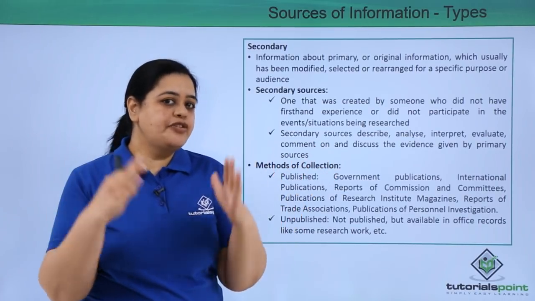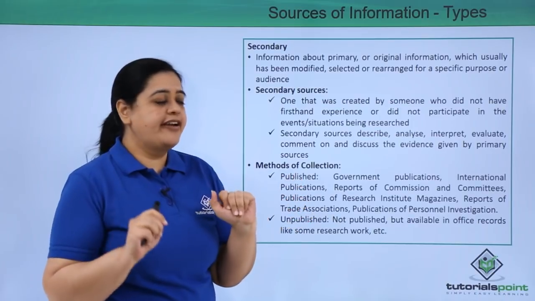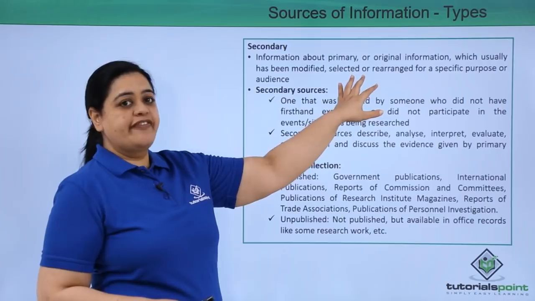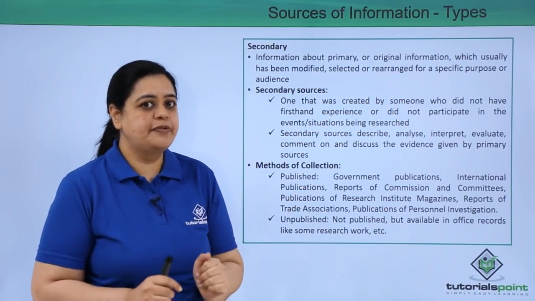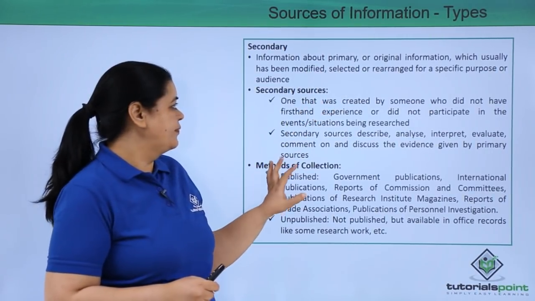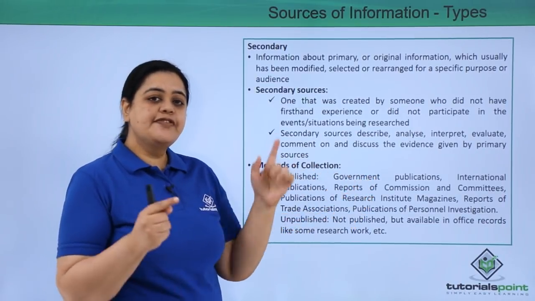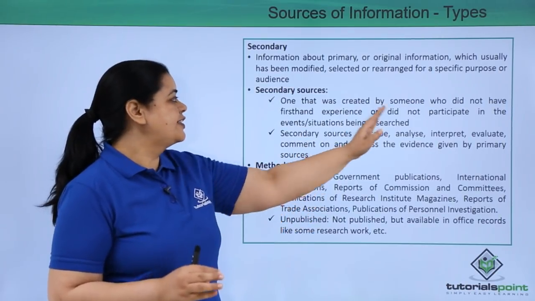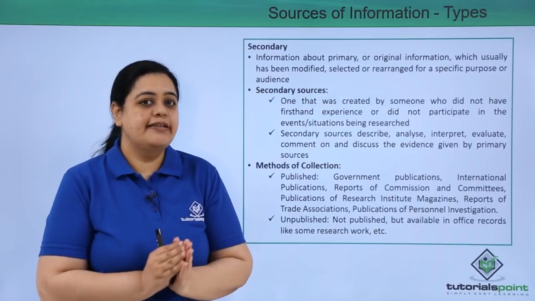They collect so much information and then they publish it. Suppose someone collects that information, then modifies or rearranges it for addressing a specific purpose or issue, then that would become a secondary source of information. Basically, secondary source of information is information which was already created by someone who did not have first-hand experience or did not participate in the events or situations being researched.